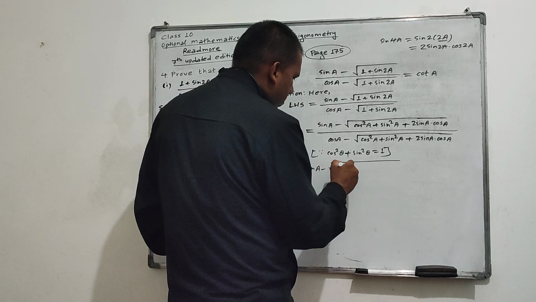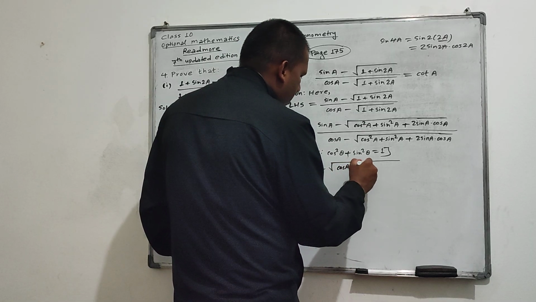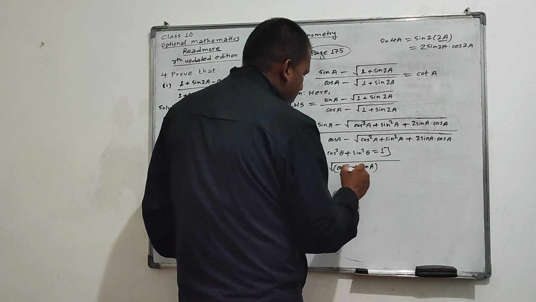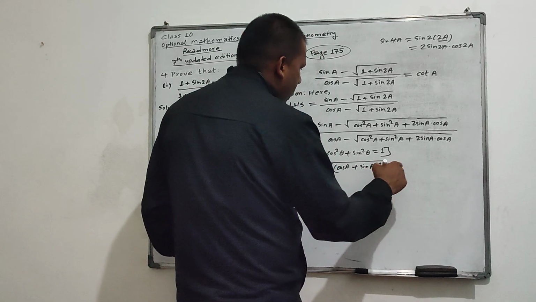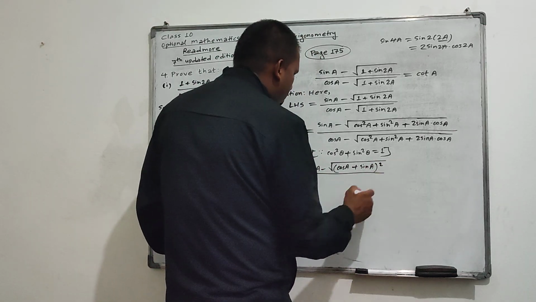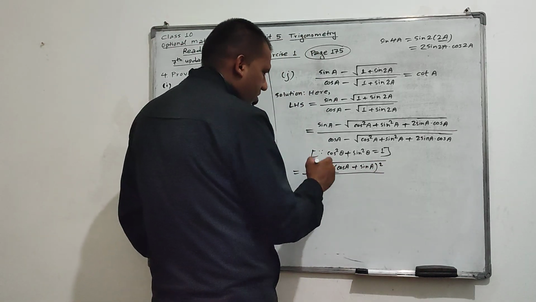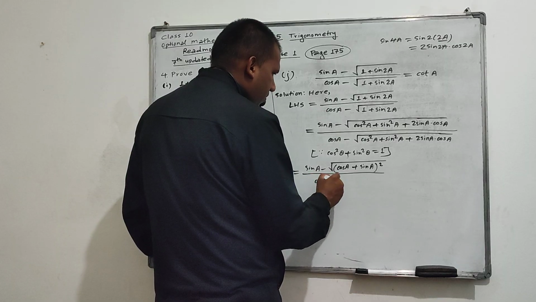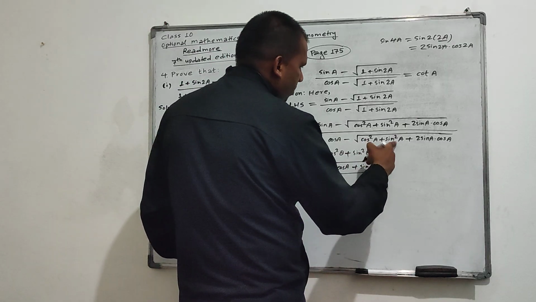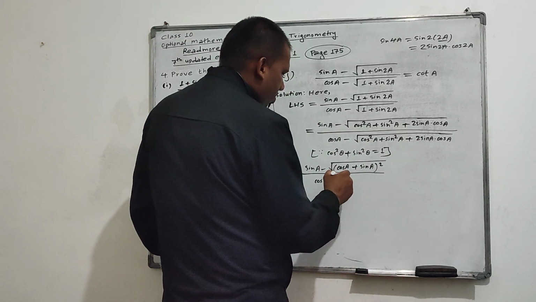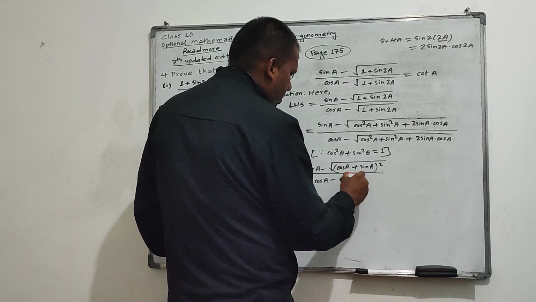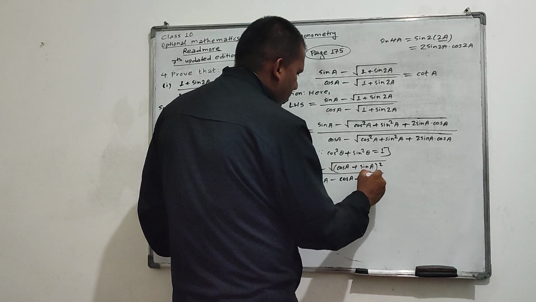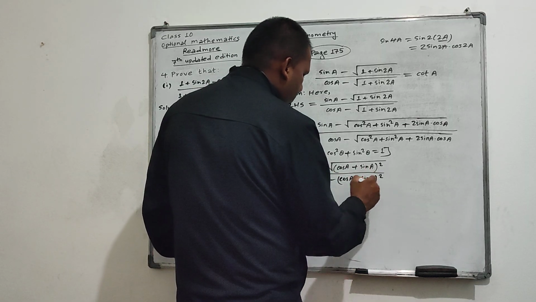So cos a plus sine a whole square all upon cos a minus, similarly a square plus b square plus 2ab, a plus b whole square. So cos a plus sine a whole square.